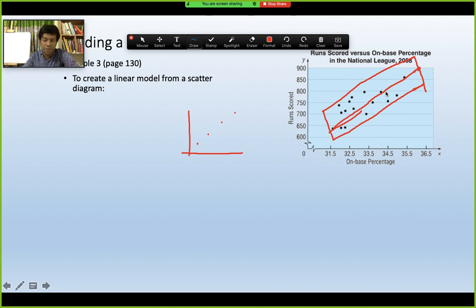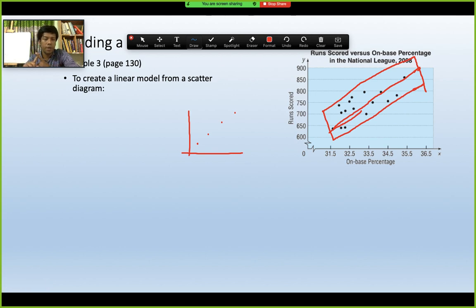Linear model means, how can we find a linear equation which will represent this data? To find a linear model, linear equation or linear function, the first question you should ask is, normally, without just looking at this, how can we find a linear equation?